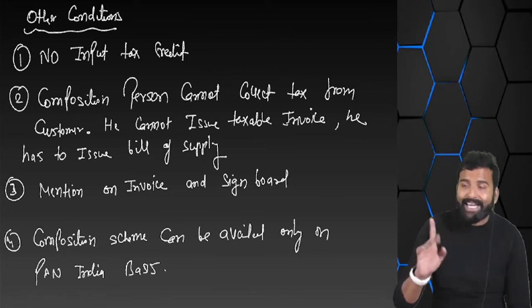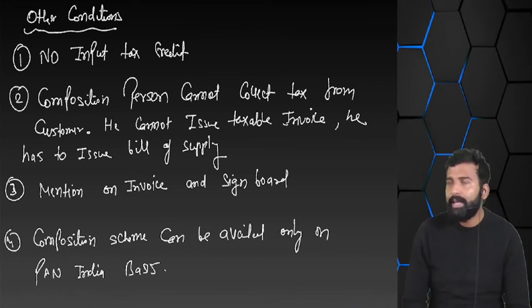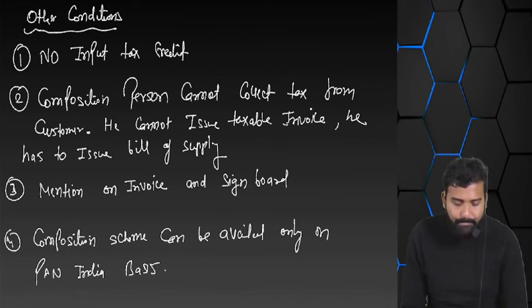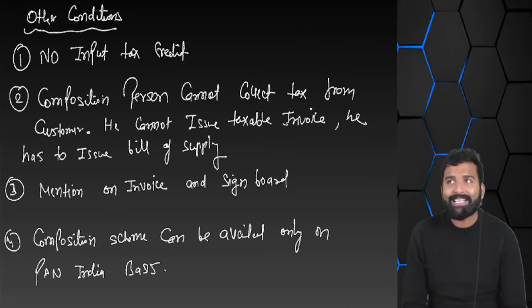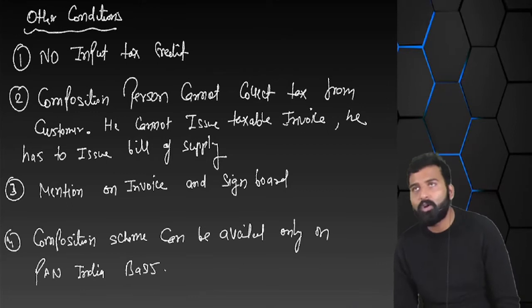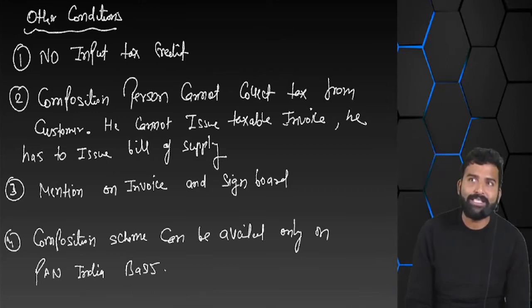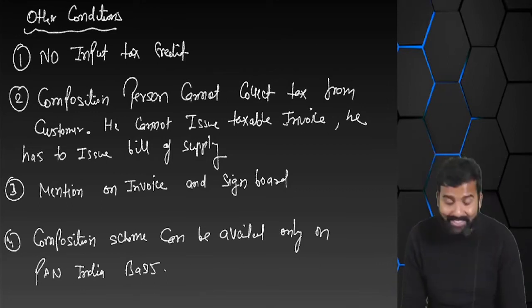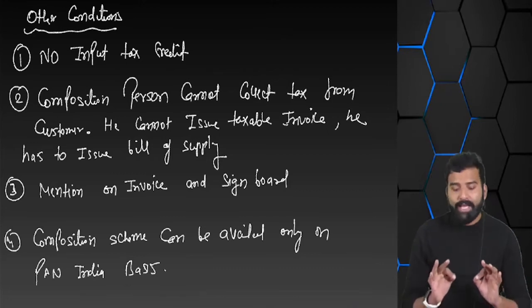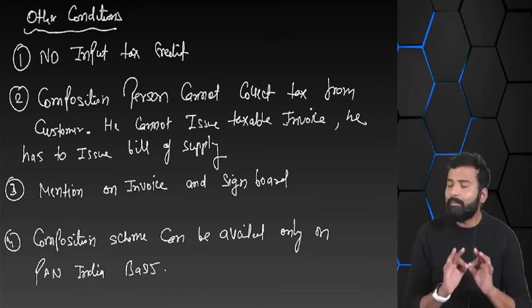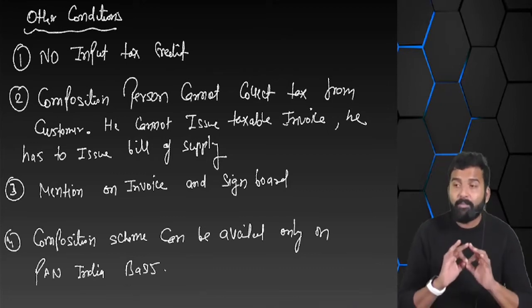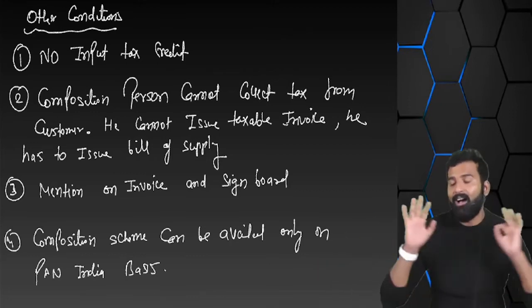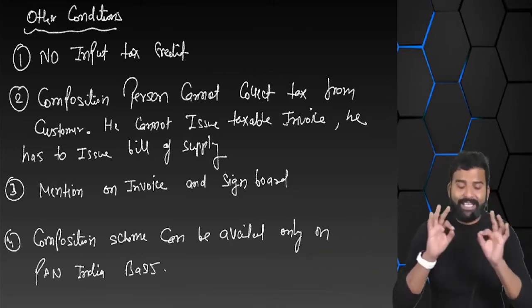Getting it? Second thing, if a person is having two branches, he is asking the department that I want composition scheme for my Bangalore branch, but I don't want composition scheme for my Mumbai branch. Is it possible? No. A person who is availing composition scheme should avail it for the whole of India, for all the branches in India.